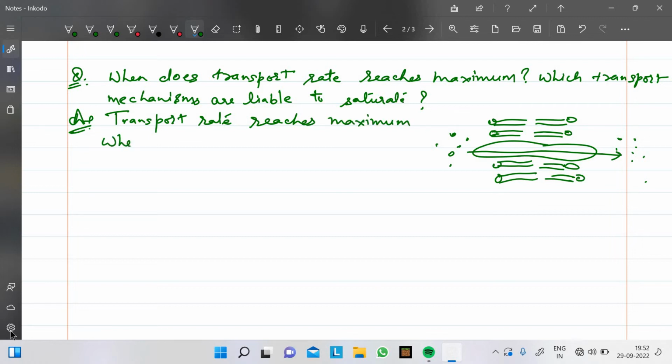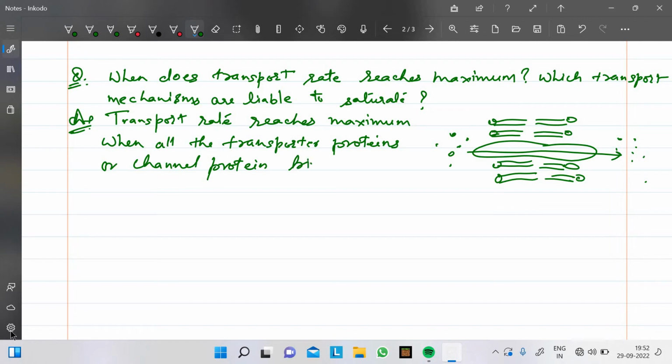when all the transporter proteins or channel proteins bind with the molecule to be transported.